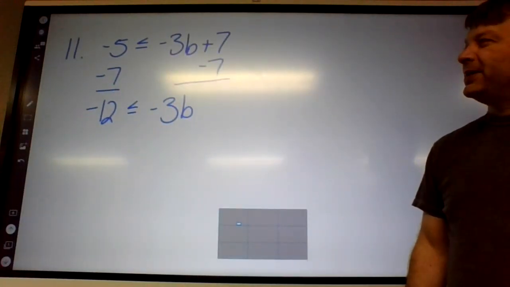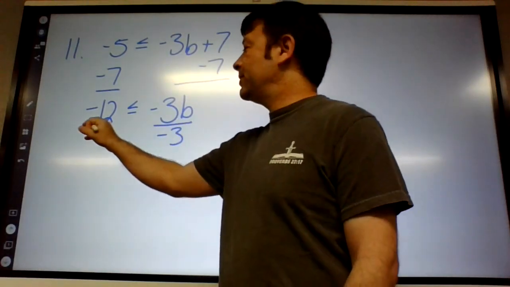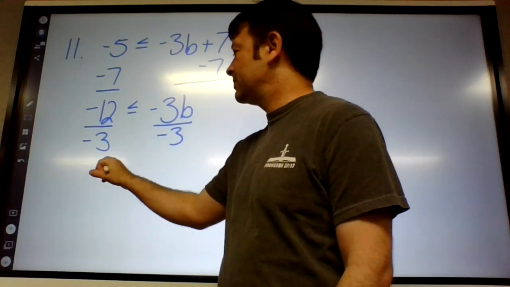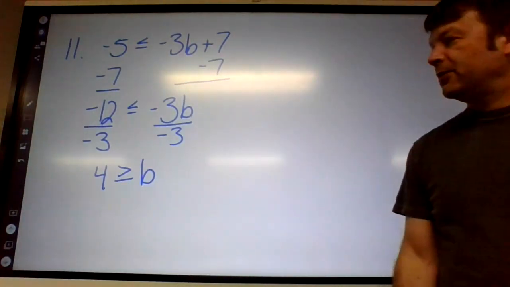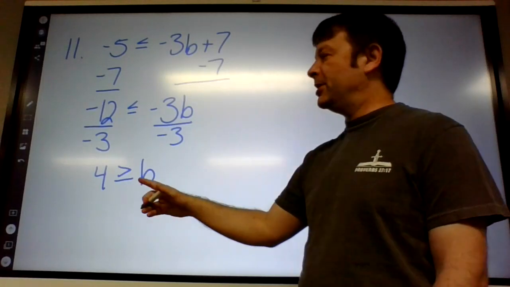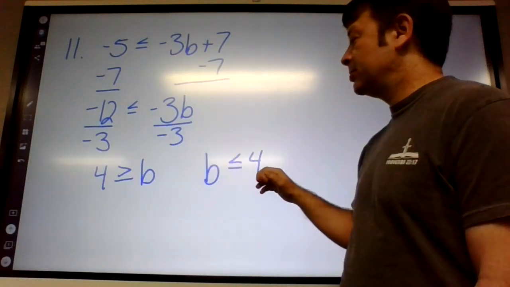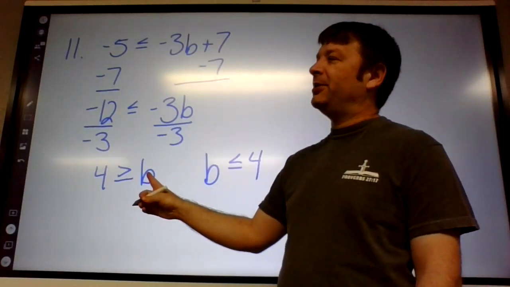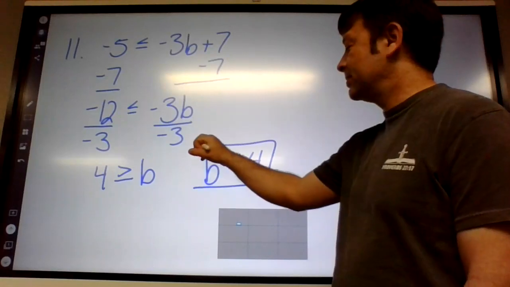Okay, and then what would we do? Divide by -3. So what do we need to do if we're dividing by negative? Switch the inequality. Okay. 4 is greater than or equal to B. But if I read the answer, the book would put B is less than or equal to 4. So you either have to be able to read it backwards or you need to rewrite it, I guess, one of the two.